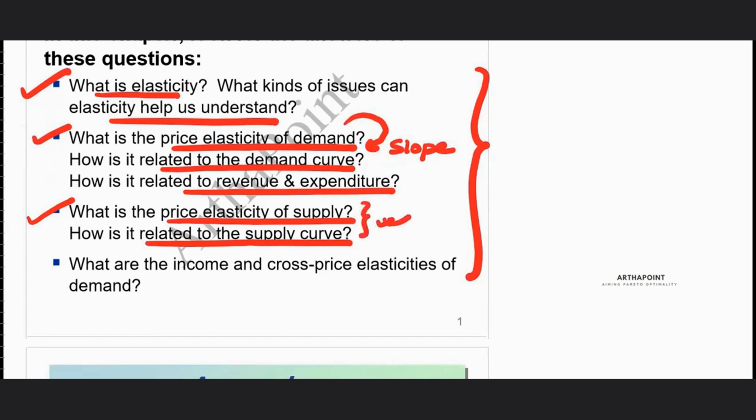That's also what we have to understand. And finally, to understand what is income and cross price elasticity. All of this is basically the ask of this chapter.